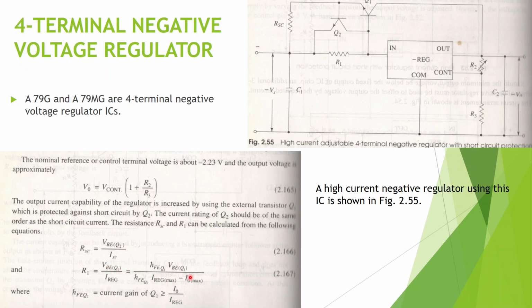This equation can be written in terms of the gain of the transistor and the base-emitter voltage. Here HFE is the gain, which is more than or equal to the ratio of the output by the regulated current.